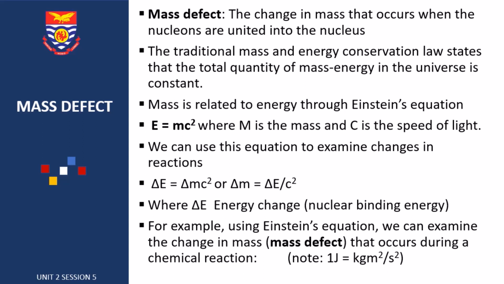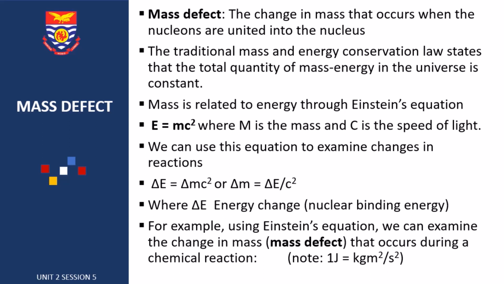The traditional mass and energy conversion law states that the total quantity of mass to energy in the universe remains constant. So the proportion of mass to energy remains the same.